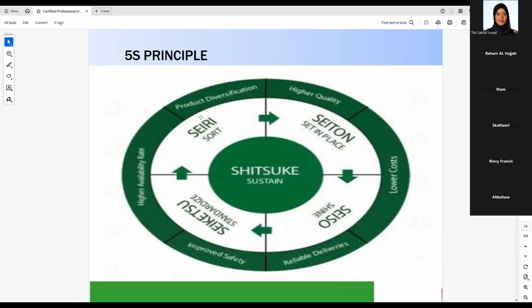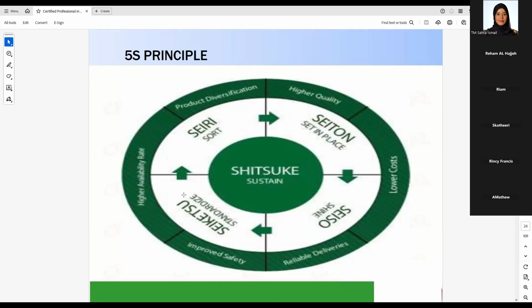sort. So whenever you're trying to arrange something, start by sort. Sort everything, make sure that things that are similar to each other are in the same place. Set in place, now define a place, put everything in its designated place. Shine, clean the area, make sure everything is clear, cleaned, and so on. And then standardize. Standardize is usually by placing labels.